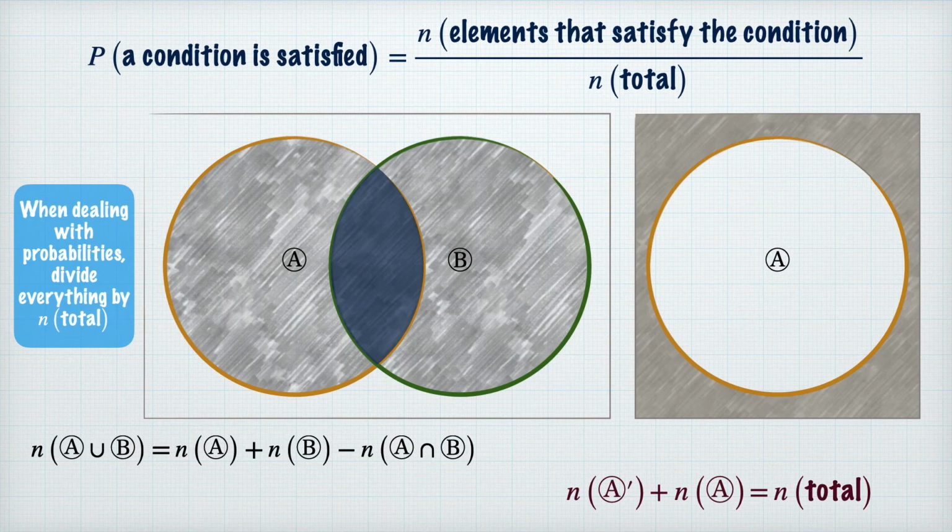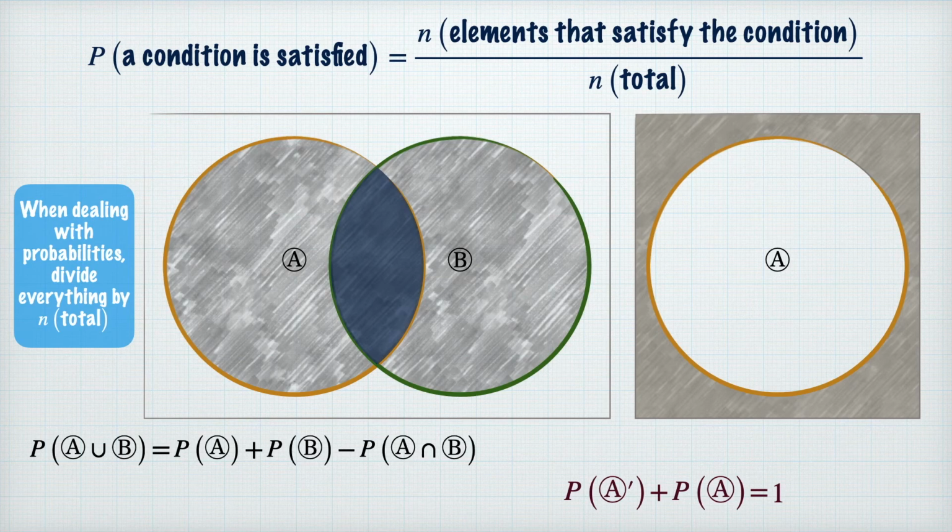Well, what this means is, when you have a number of elements satisfying a condition, if you just take everything you have and divide by n total, you're pretty much going to end up with a probability of some sort. So why don't we just go ahead and do that? If we do that, we find these two identities.